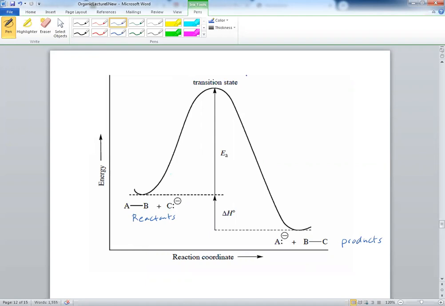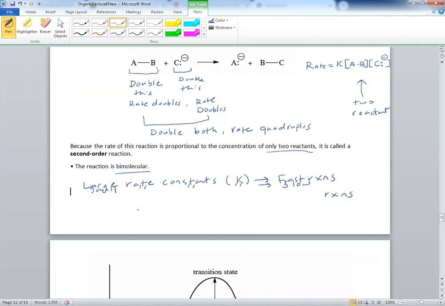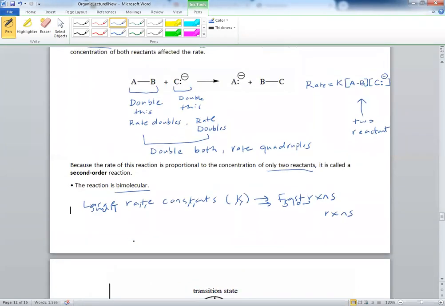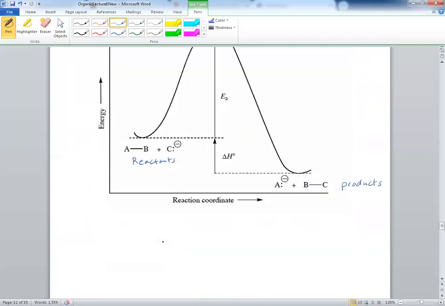So think about this. Let's actually write it down here. If we had AB plus C⁻, look at the transformation. Seems like C now is bonded to B and A is out.